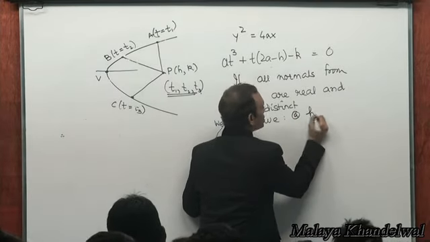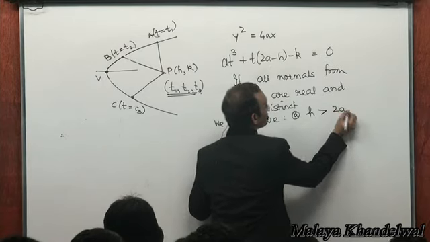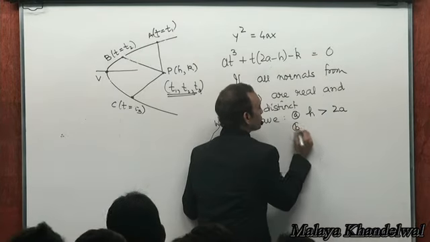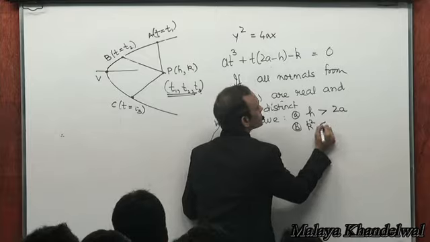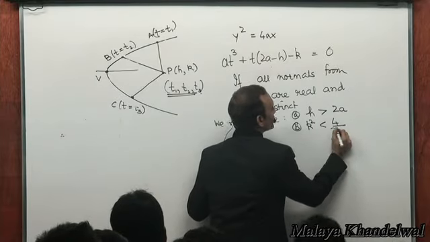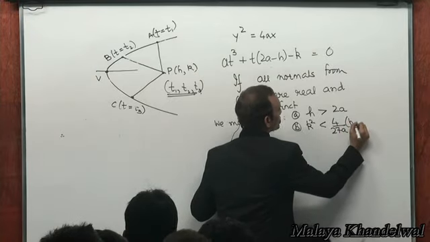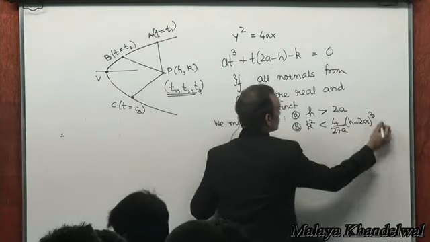A: h must be greater than 2a. B: k squared must be less than 4/(27a) times (h minus 2a) whole cubed.